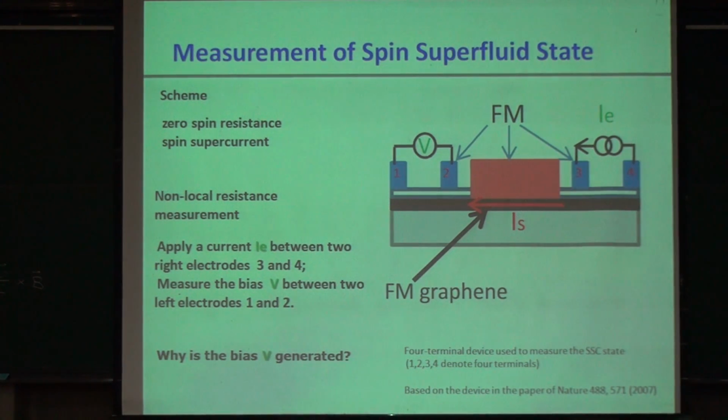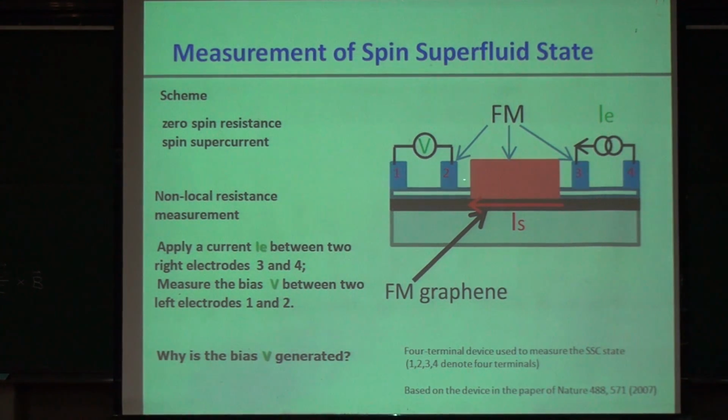So we propose that if this device is a spin superconductor, then you will have some signals. First, if we just measure the normal resistance between the two ends of your spin superconductor, remember there's an energy gap opening up once you have a spin superconductor. In terms of charge transport, it is an insulator.